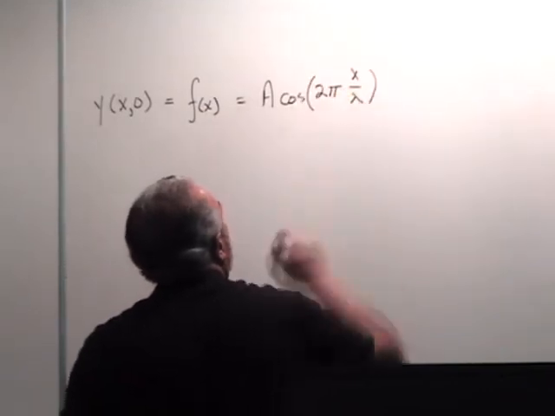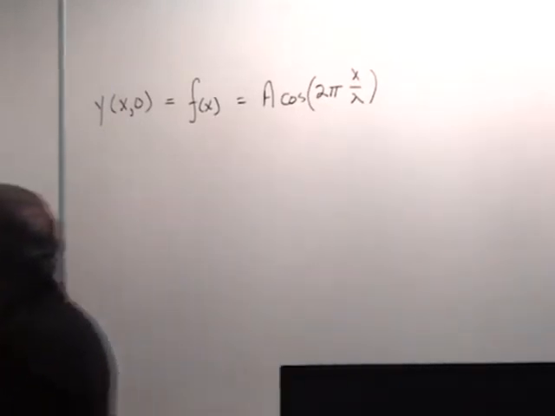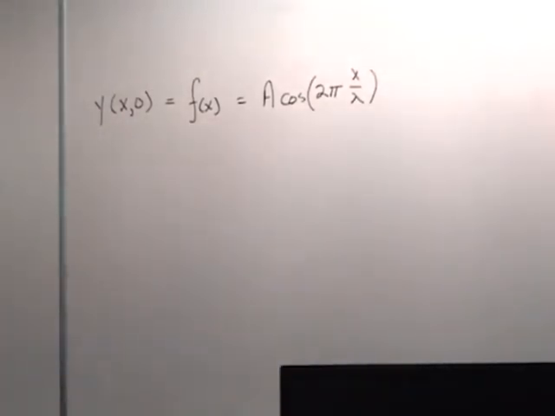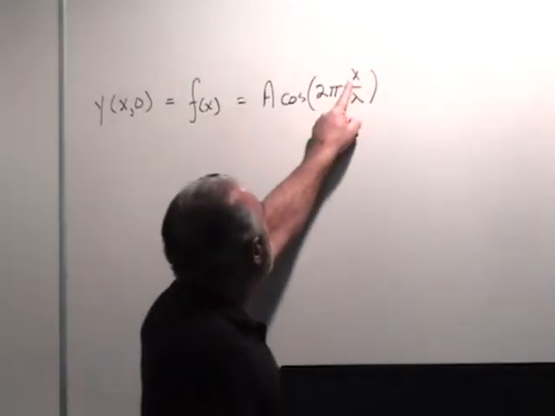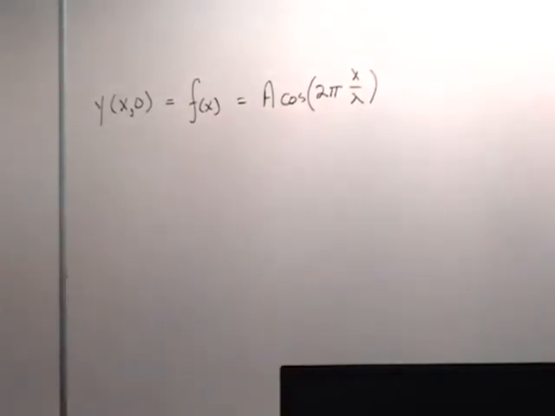There is our angle. In other words, you choose any point you want. Let's take, for example, the halfway point. Then x is lambda over 2. If I put in lambda over 2, I end up with cosine of pi. Oh yes, that is the correct angle.